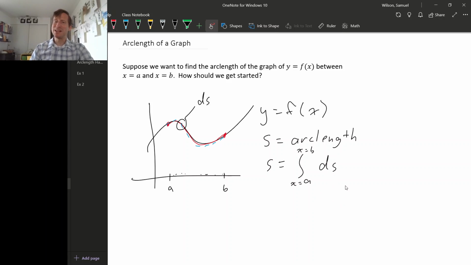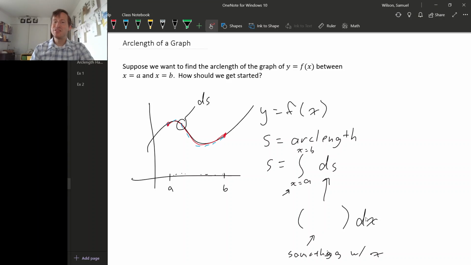Now the problem that we will need to solve is this ds. Normally, since this integral is with respect to x, we would expect the integrand to have dx in it. So what we're going to have to do is come up with some way of writing some function of x in here, so something with x, times dx.